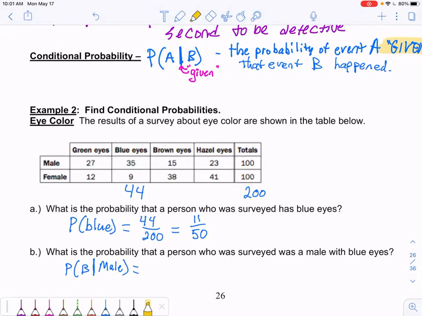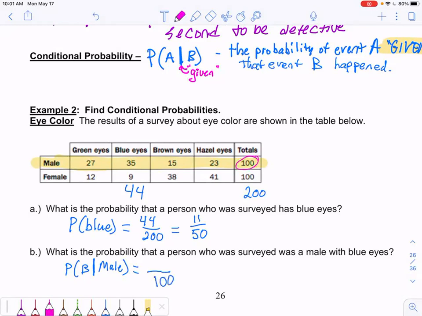Now, since it's only the males, what is the total going to be here, Emma? Instead of 200 people, what's the new sample space? If it's only males, 100. Good.